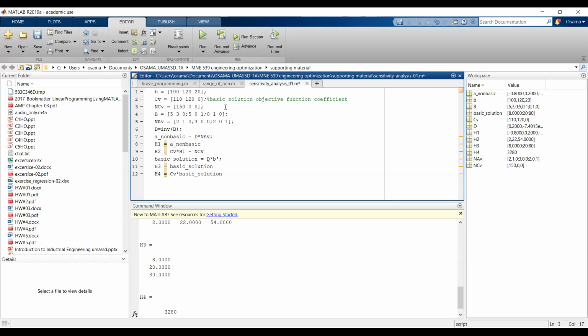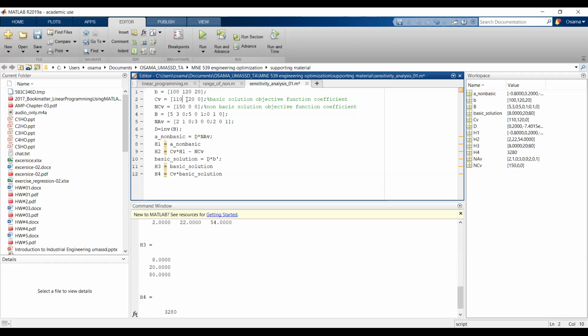Then you will update the non-basic solution coefficient. So this is the non-basic, the objective function coefficient. So basically in this matrix, I have picked x1. So the cost for x1 was 110.